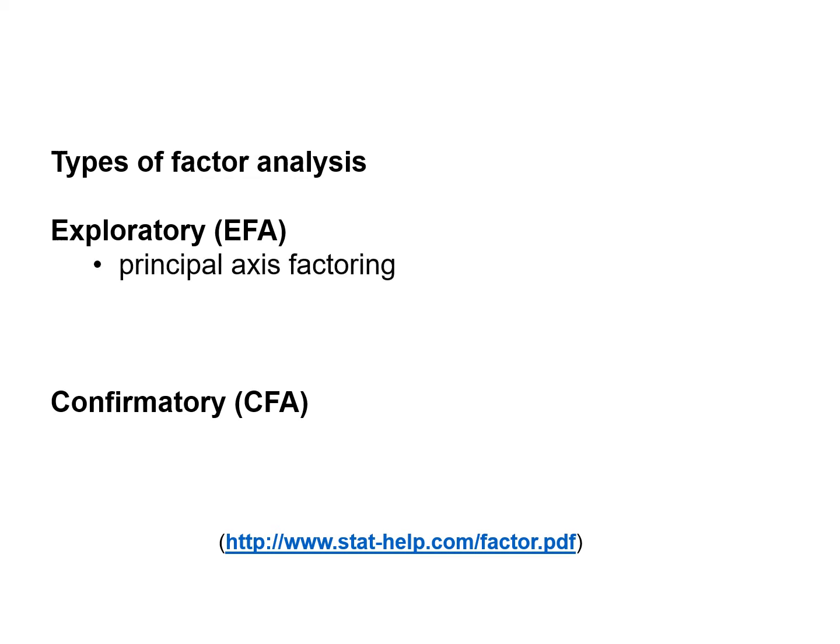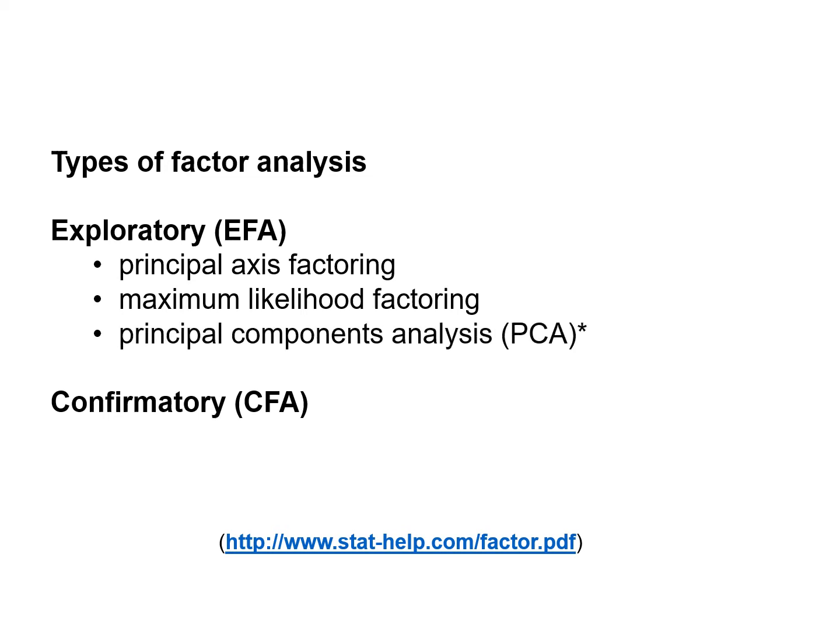Under exploratory factor analysis, there are several methods: principal axis factoring and maximum likelihood factoring. Principal axis factoring is used quite commonly. It's available on SPSS. And also principal components analysis, which is very commonly used. And that is presented under SPSS as a form of factor analysis. There's an asterisk there. That asterisk is meant to indicate that it's not strictly a form of exploratory factor analysis. I wouldn't worry too much about this.